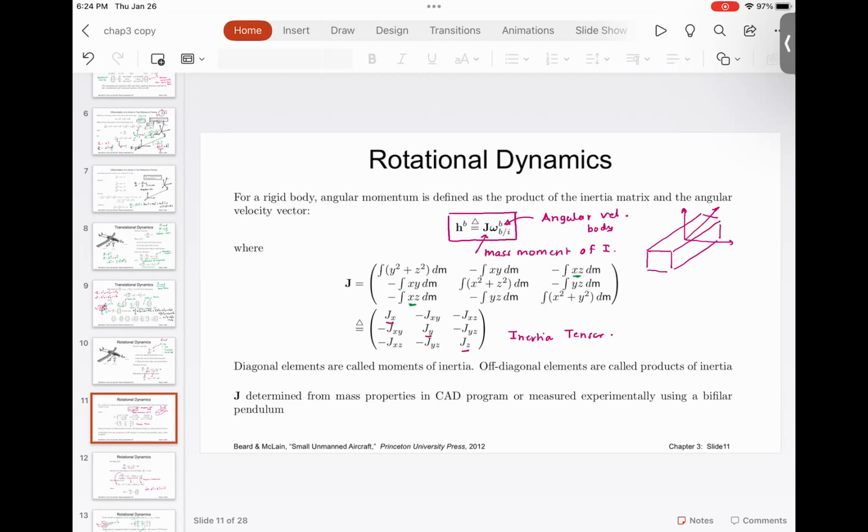But at the end of the day, I want you to look at the first term. dm is the teeny tiny mass, and what you have is y squared plus z squared. Pythagorean theorem is the radius. So you have those radii along the diagonal terms, and then you integrate. Now the problem is, if it's a symmetric object, that's good. But when the object is not symmetric, realize that the mass distribution on one side will be different than the mass distribution on the other side.